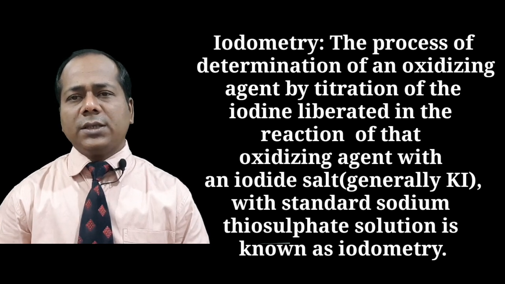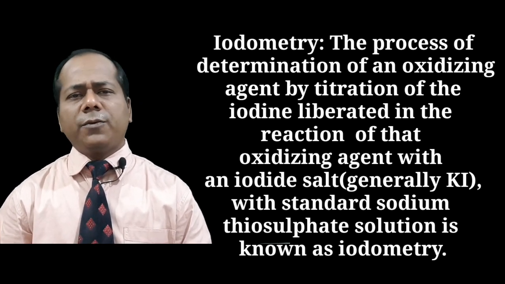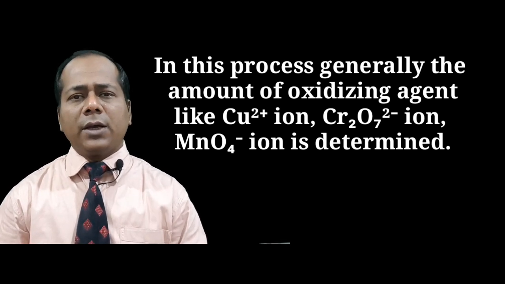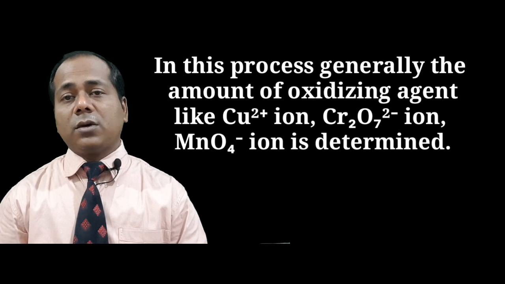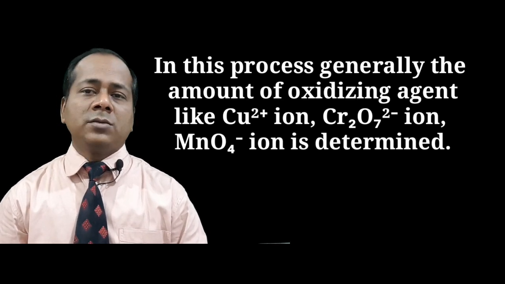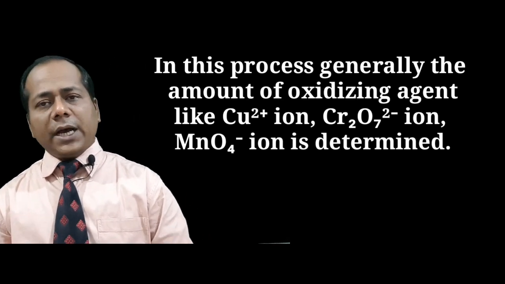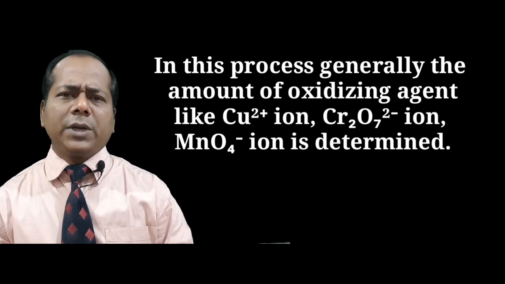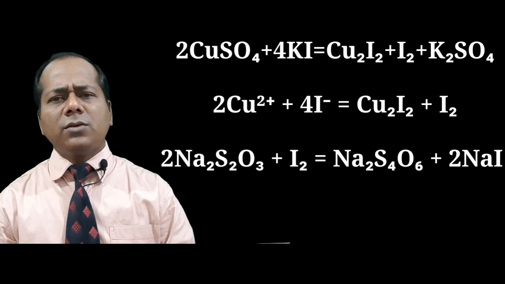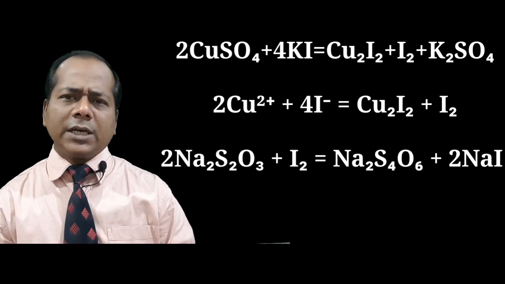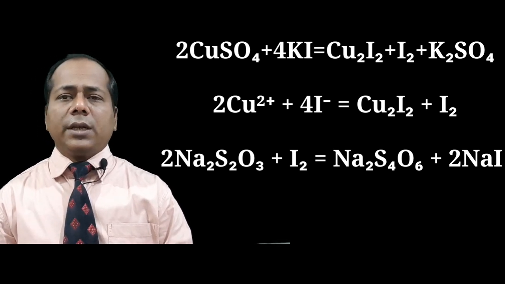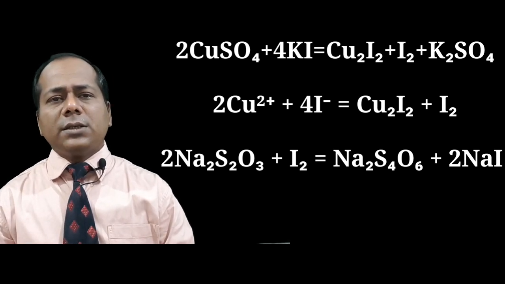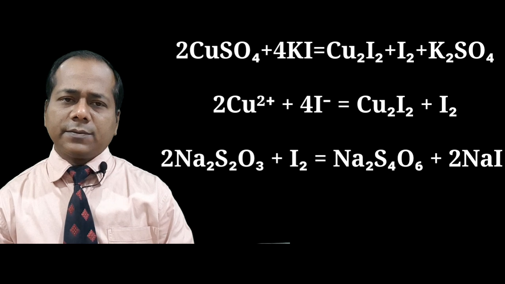In this process, generally the amount of an oxidizing agent like copper 2 plus ion, dichromate ion or permanganate ion is determined. For example, to determine copper 2 plus ion, it is allowed to react with potassium iodide, when an equivalent amount of iodine is liberated.